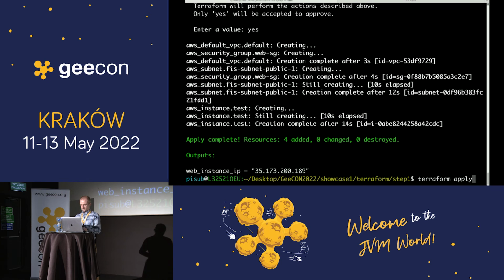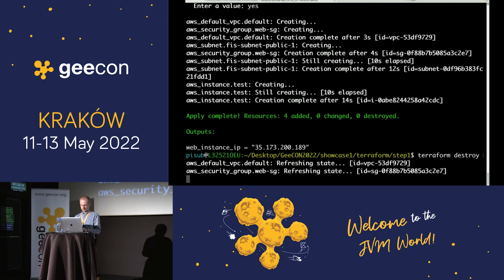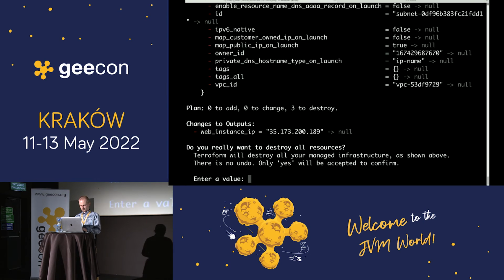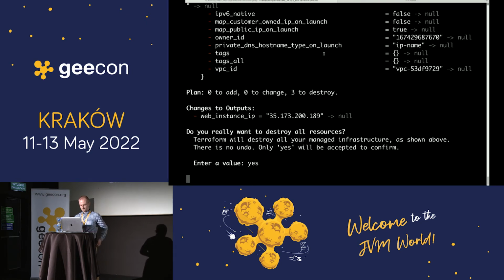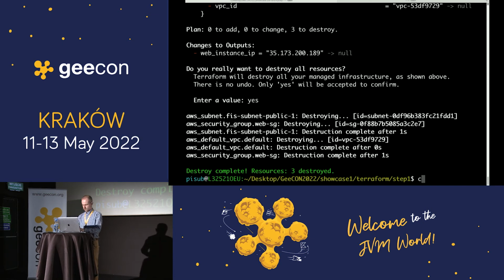So let me first destroy any leftovers. Of course, my EC2 is not there, but there is a security group and things like that, and I would like to have a clean environment. So let's do that.